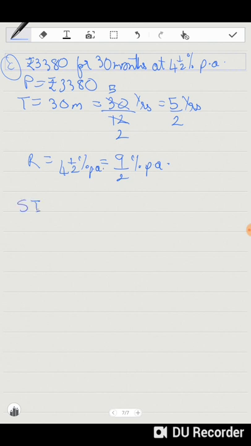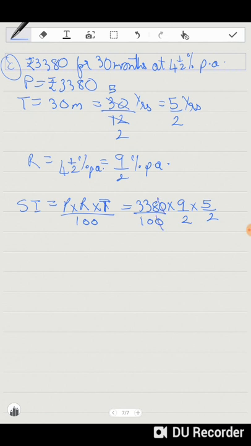And hence simple interest is PRT upon 100. So that is nothing but 3380 into rate, 9 upon 2, into time, 5 upon 2, upon 100.